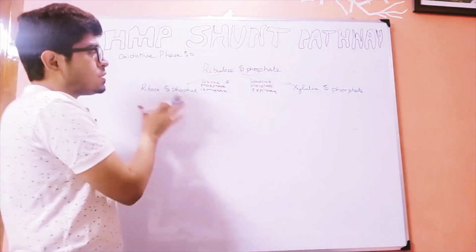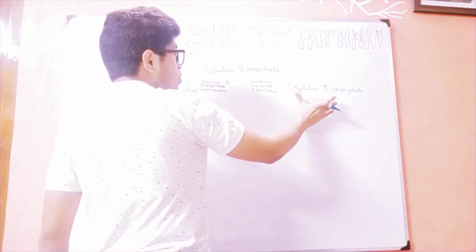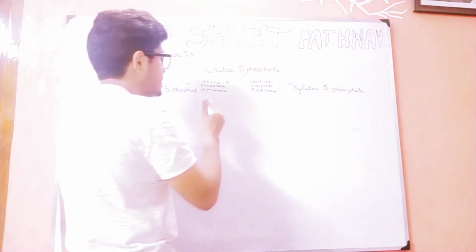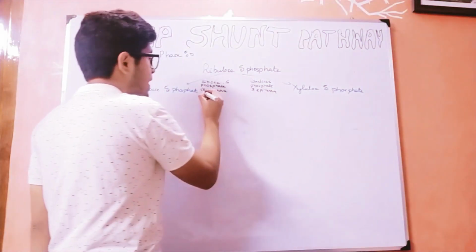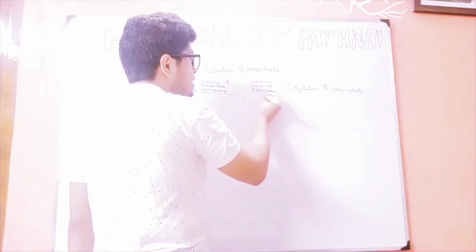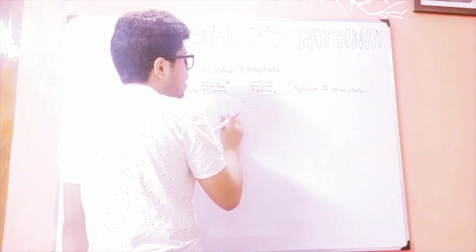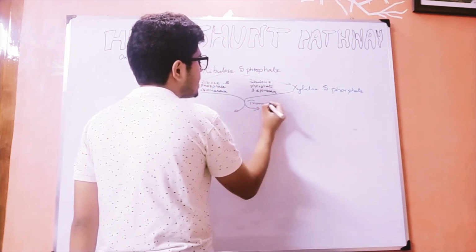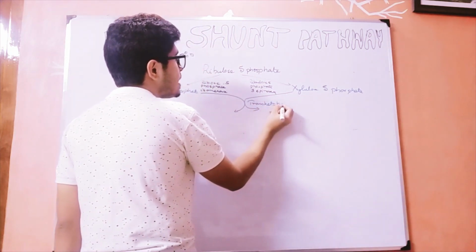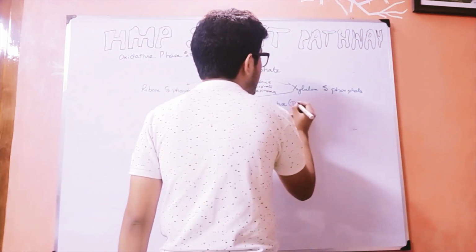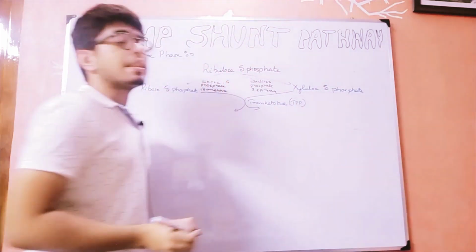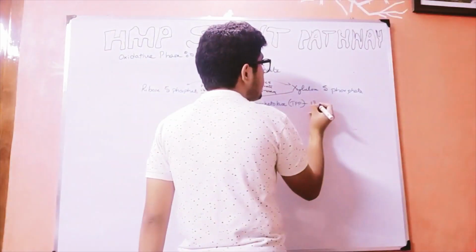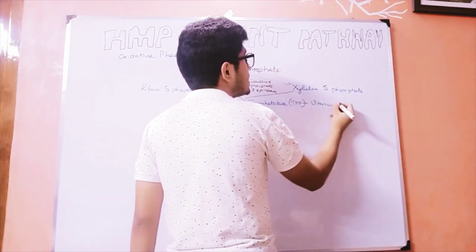This ribose 5-phosphate and xylulose 5-phosphate are the products formed after the first step. In the next step, they are together acted upon by an enzyme called transketolase. This is a TPP requiring enzyme, which is thiamine pyrophosphate, or it requires vitamin thiamine.